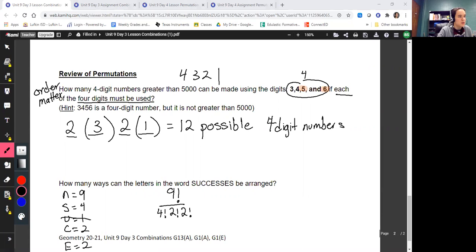Remember the exclamation mark is down here next to the G. Then 4 factorial, 2 factorial, 2 factorial, and we get 3,780 possible arrangements.